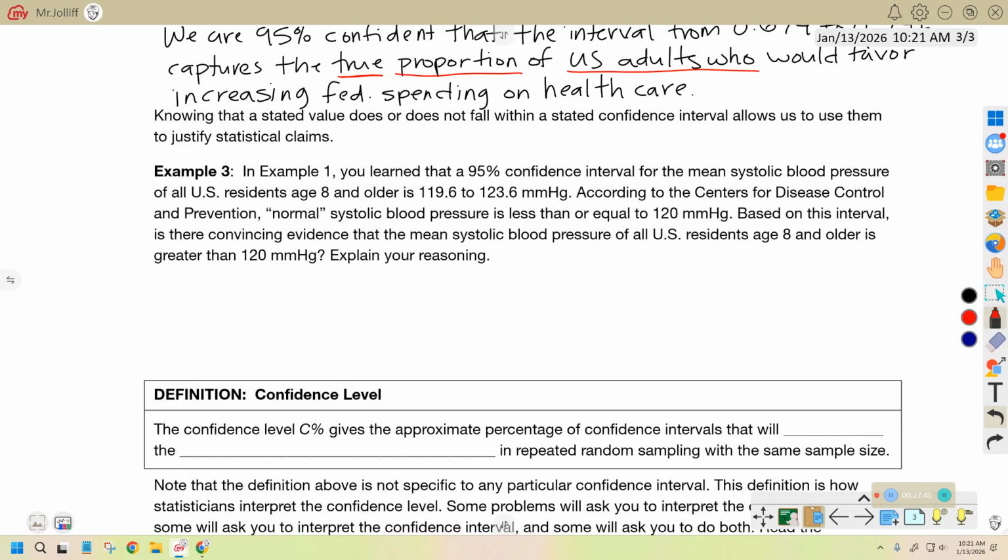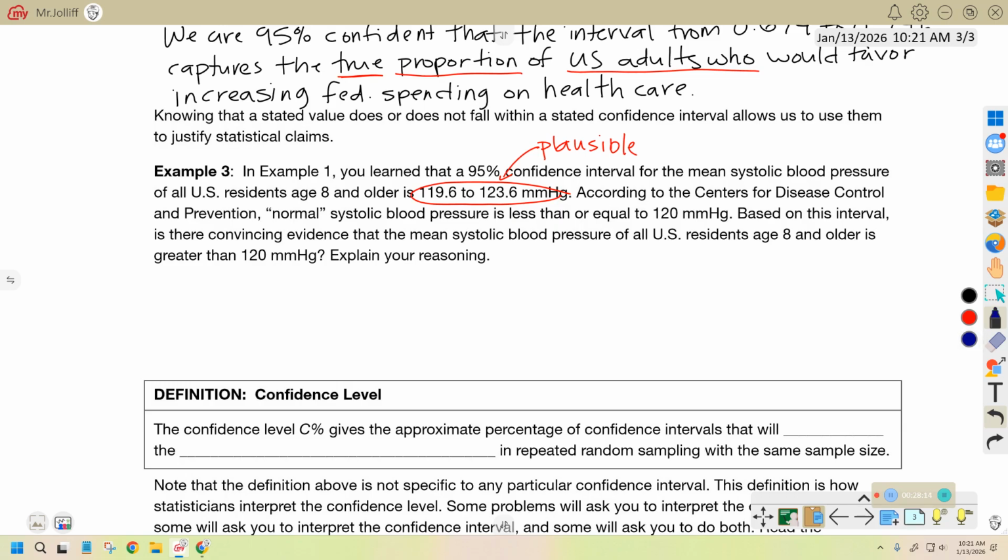So, they've given us two pieces of information. They've given us an interval. Those are my plausible values based on sample data from the population. I expect the mean for everybody 8 and older in the US is somewhere in that number range.